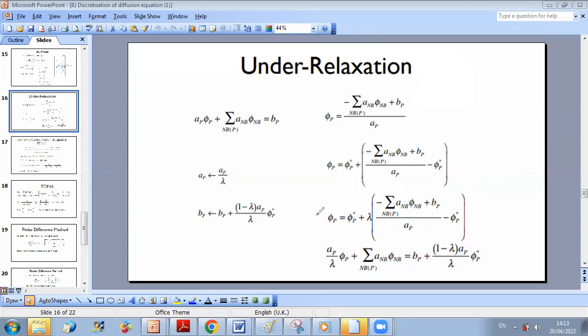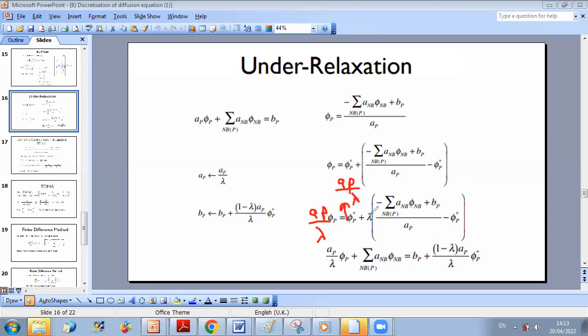I get AP over lambda times phi new equals AP over lambda times phi old.